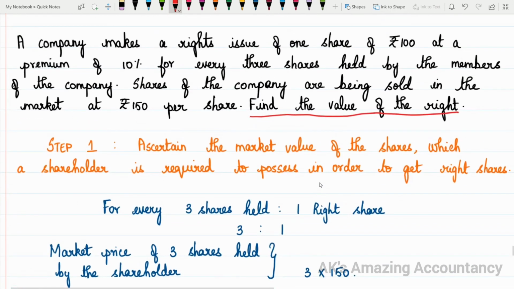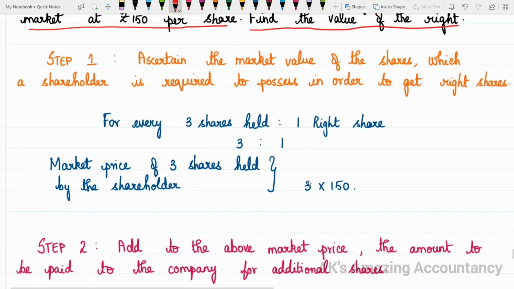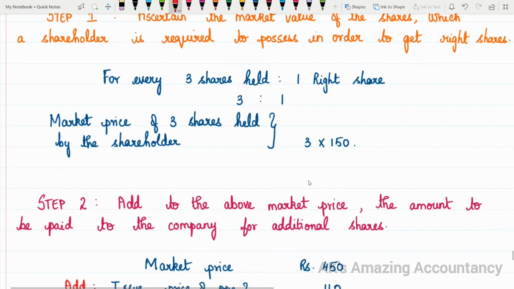You're given the market price as 150 per share. So 3 into 150. How much will you get here? You will be getting rupees 450. So this is the answer for step 1.